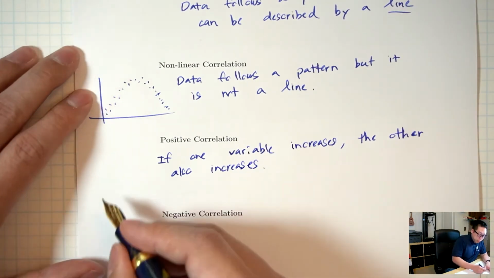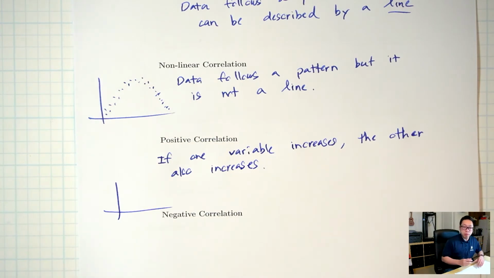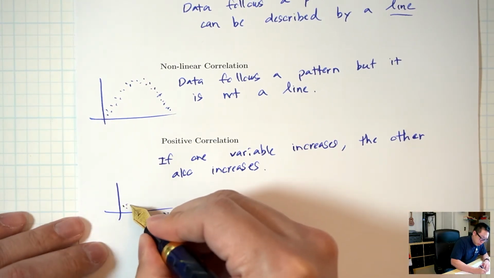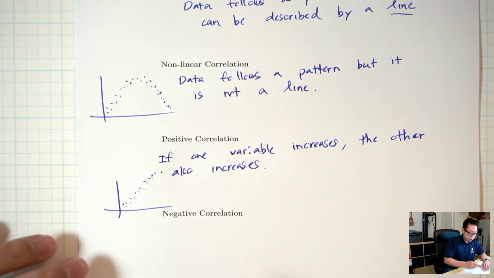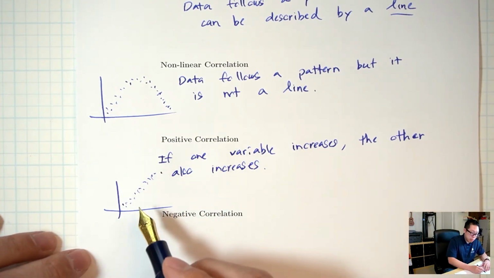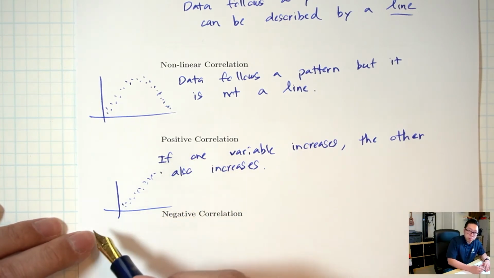Visually on the graph, this looks like the graph goes upward from left to right. For example, something like that, right? The graph is going upward. So this is an example of a linear correlation because it looks like a line, that's positive because it's going upward.